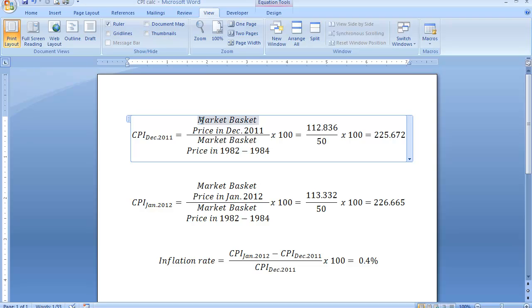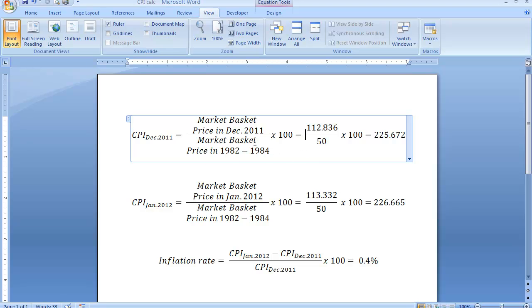Let's say that the market basket price in December 2011 was 112.836. Well, if you do that math, you'll come up with 225.672. And of course, because I had the answer in the first place, I was able just to come up with the numerator. But the point is, this is how they construct the CPI.